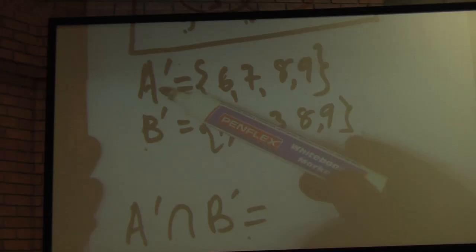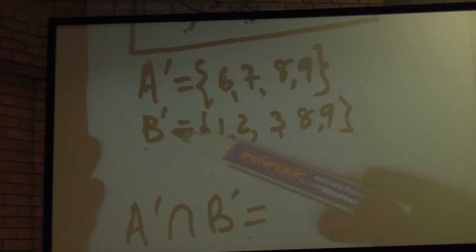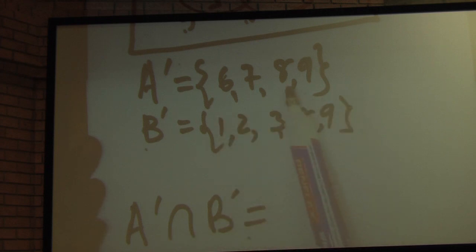So we need the complement of set A and the complement of set B. Looking at the intersection of those, we can see that the intersection are the elements that are common in both, which would be 8 and 9. So A complement intersection B complement is the set 8 and 9.